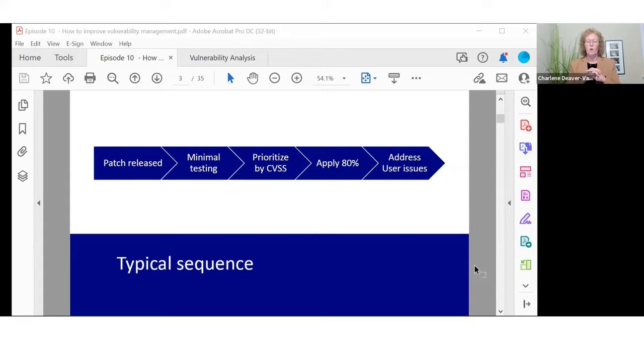And then they will also create the CVSS score, which is a way of ranking how severe they think that vulnerability is. The problem with that, though, is that the CVSS score is the vendor telling you the impact that has to their system. They don't know, and there's no way that they could tell you, what the impact of that is to your environment.